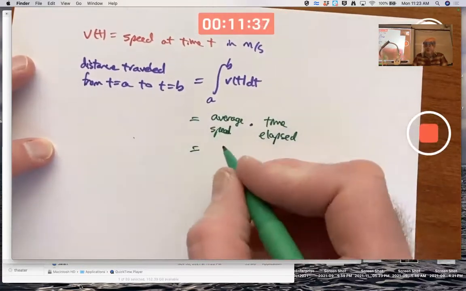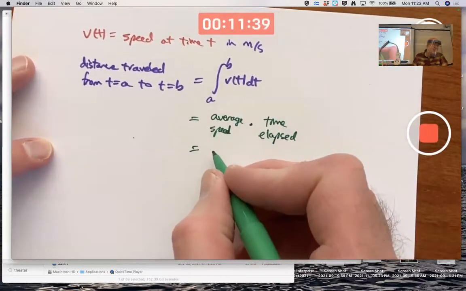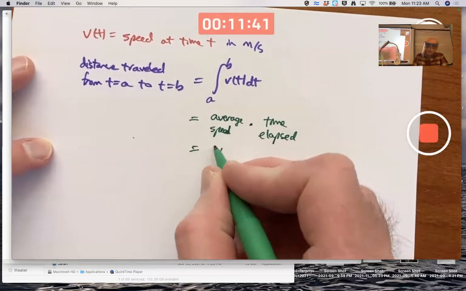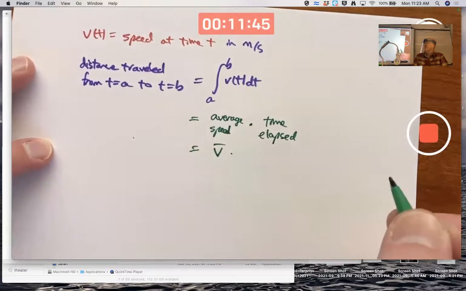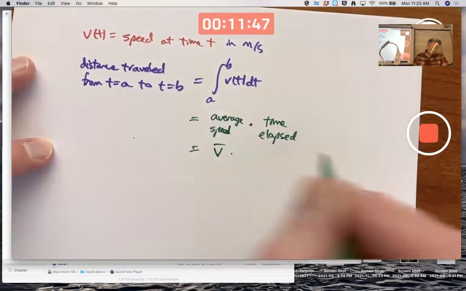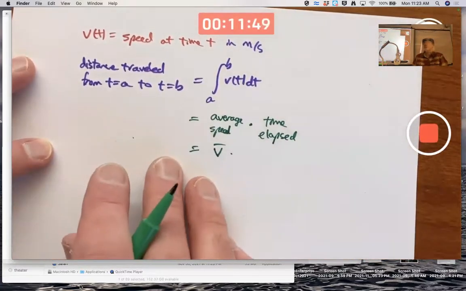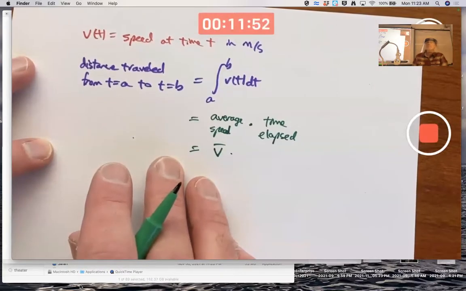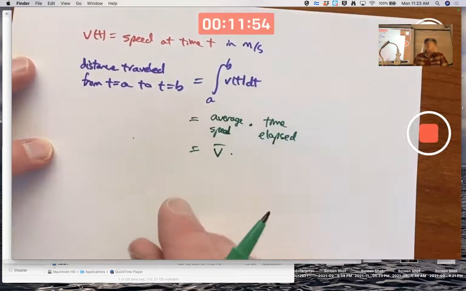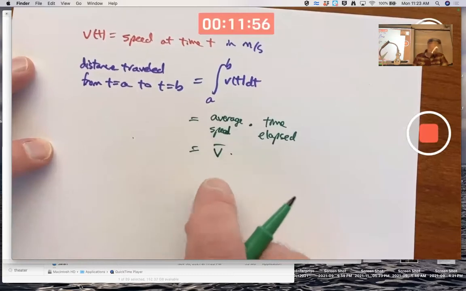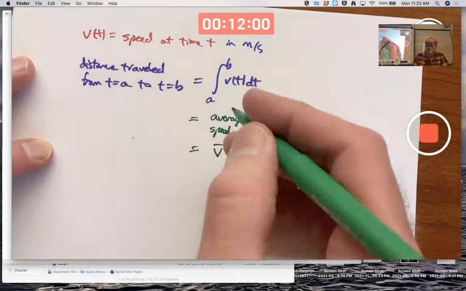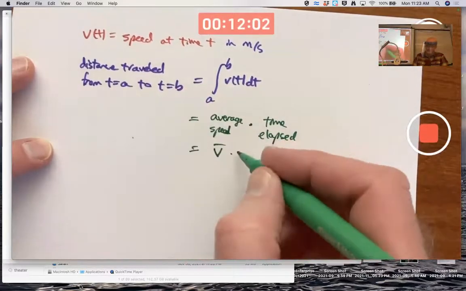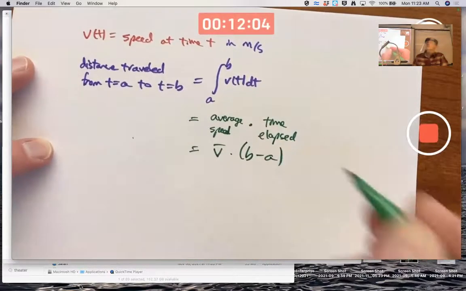Symbolically, oftentimes people represent an average with a bar above a variable, say v bar. It's a common way to represent an average symbolically. It's a little inconsistent. Some people use bars for vectors. I use little half arrows for vectors, whereas bars I use to represent averages. What's the time elapsed? Well, it's time a to time b, so it's b minus a. That's the time elapsed.